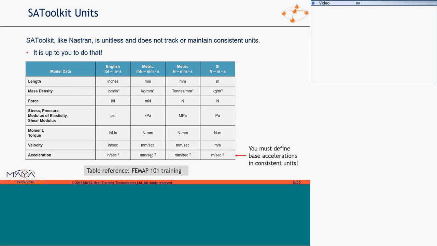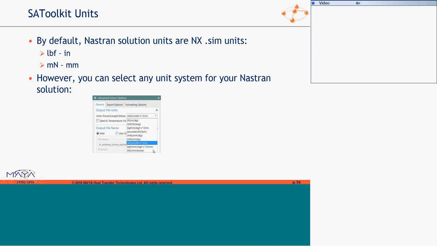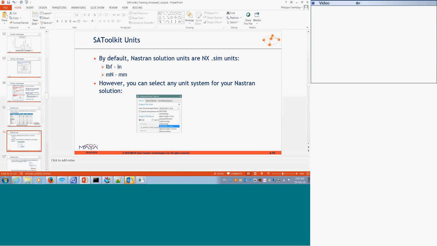If you're using millimeters, millimeters per second squared. The Nastran solution units are those of your sim. Pound, inch or millimeter, you can select any unit system for your Nastran solution.